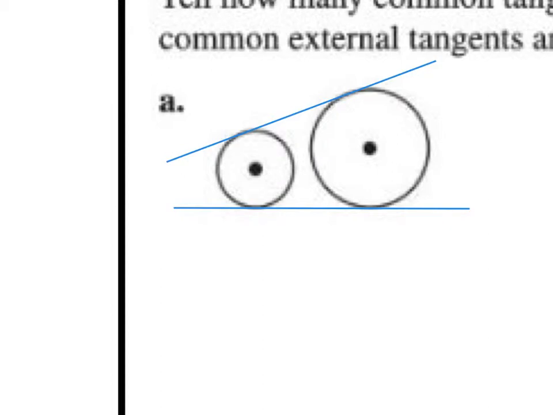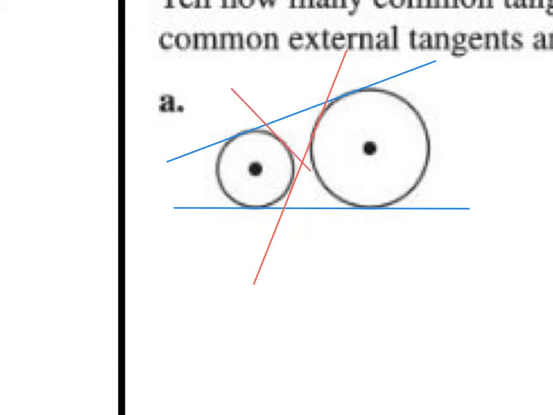There are two more common tangents. Go ahead and draw them in. Garen, where are the other two? The other two go in between the two circles. Right. Right here.